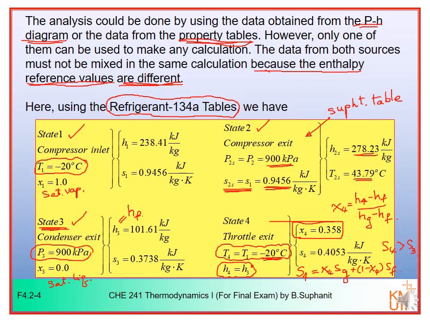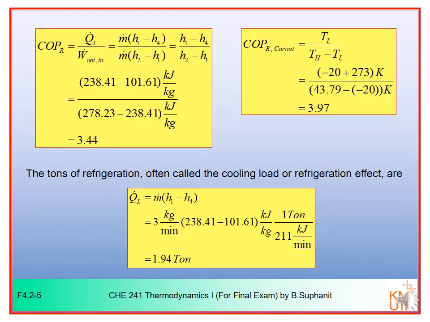So from the property determination, you have evaluated the enthalpy at every point. You can then do the energy balance in each process to determine the work transfer or the heat transfer in each process now. Okay, so you can calculate the COP of the refrigeration system here. COP of refrigeration system is QL divided by W net in.